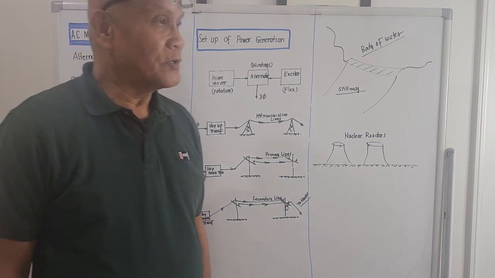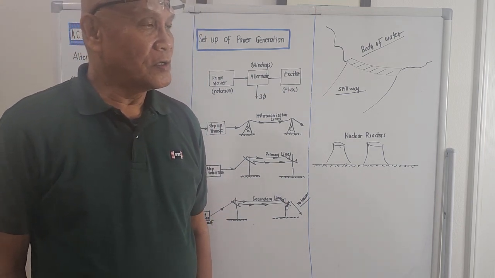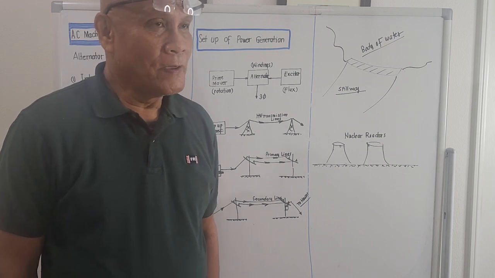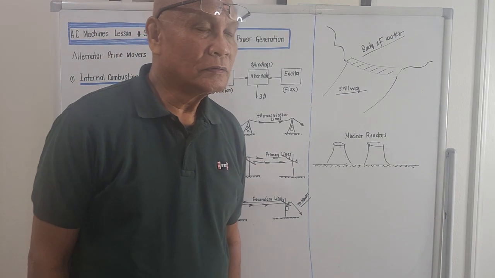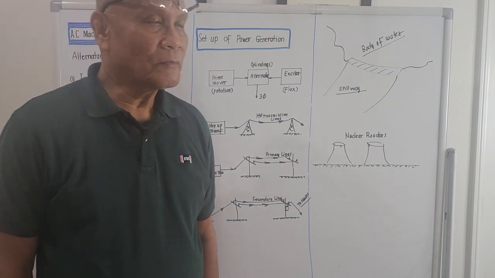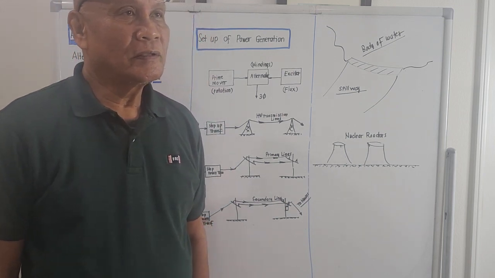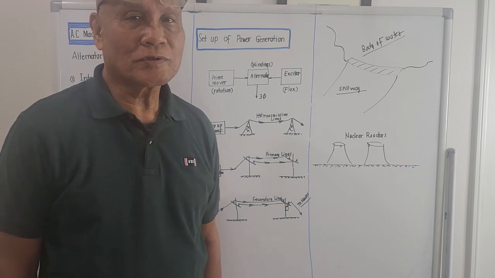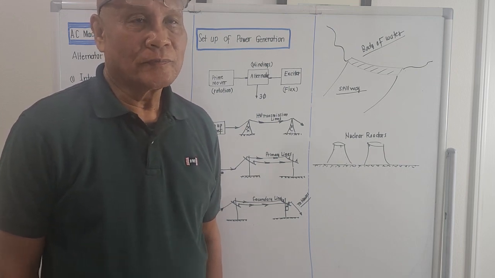The requirements to generate an alternating current are a conductor and magnetic flux, and they should have an interaction to produce an alternating current.